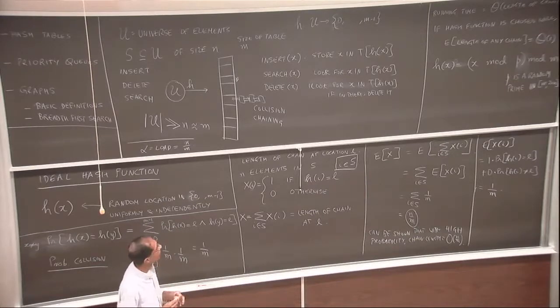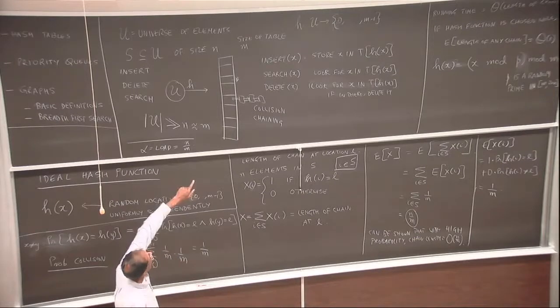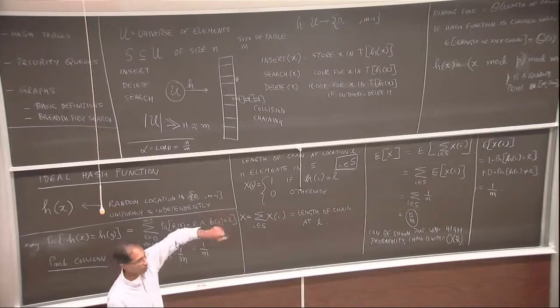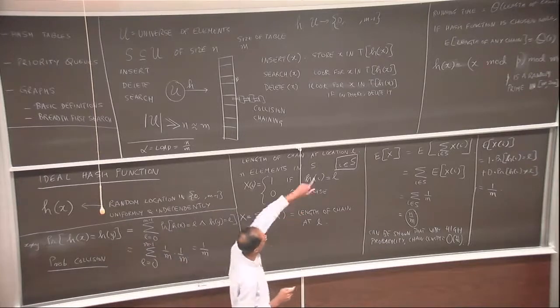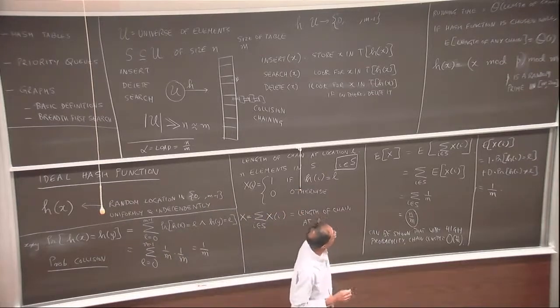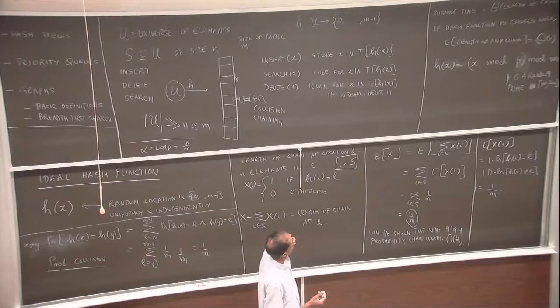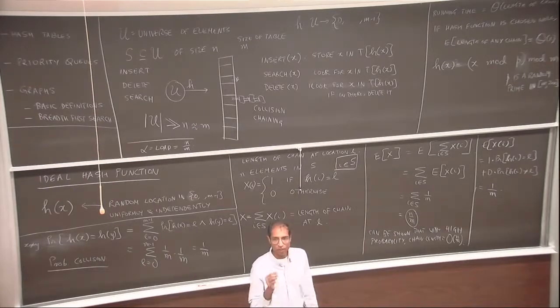All right, so we got n over m, we got the expectation of X. Now let's go back to our calculation. The running time of insert, search, and delete is related to the length of the chain. To be really precise, even if the length of the chain is 0, it takes you at least one step to look at it.